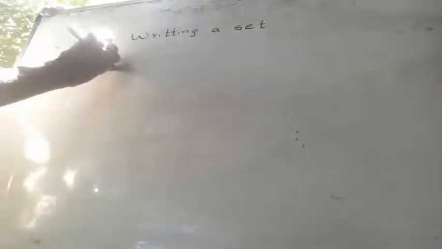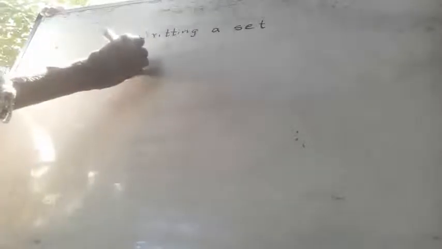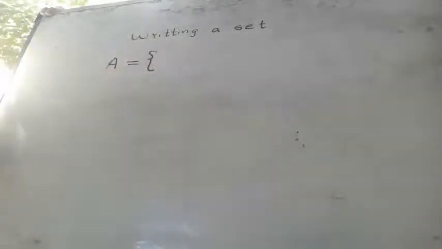Capital letters of the English alphabet are usually used to name the set. Set A is equal to the set of even numbers between 0 and 50.